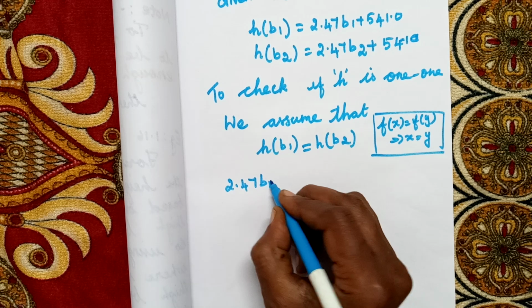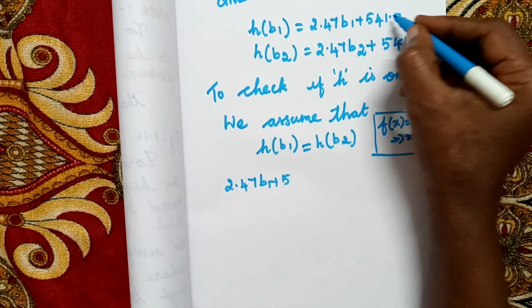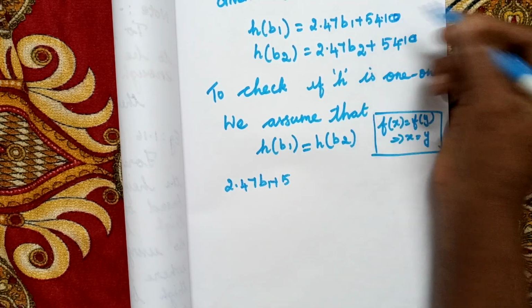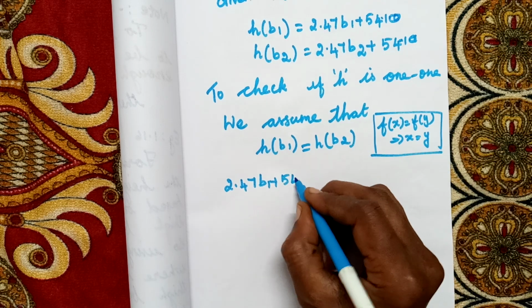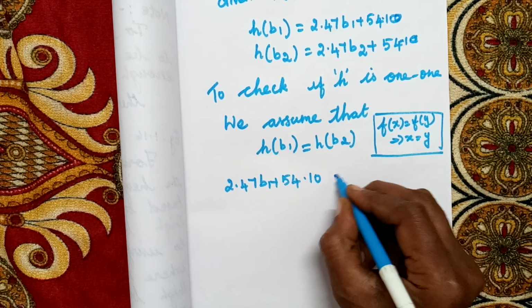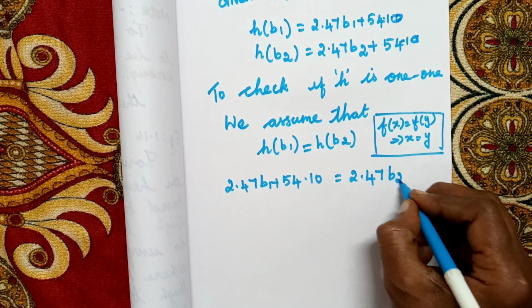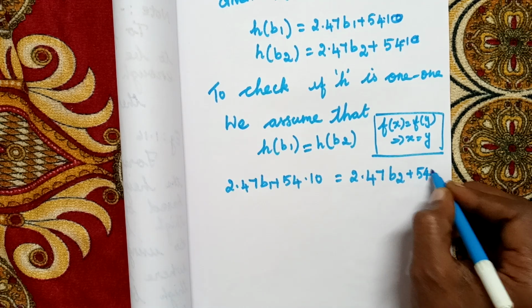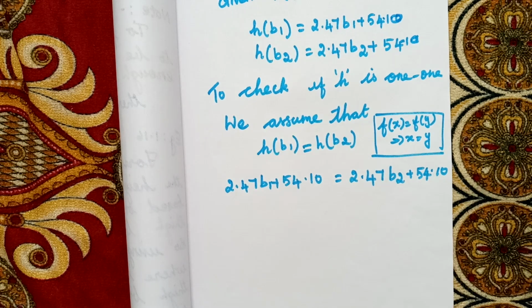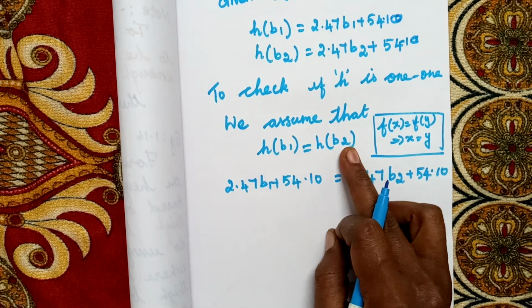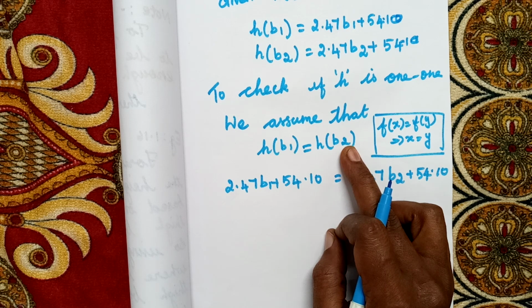2.47 b1 plus 54.10 is equal to 2.47 b2 plus 54.10. Clear? h of b1 is equal to h of b2, like that we have taken.